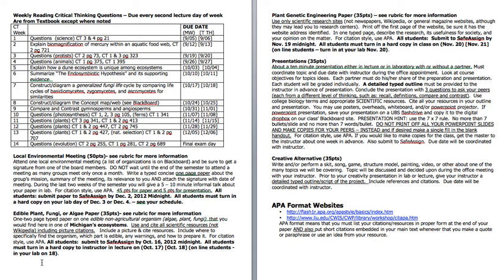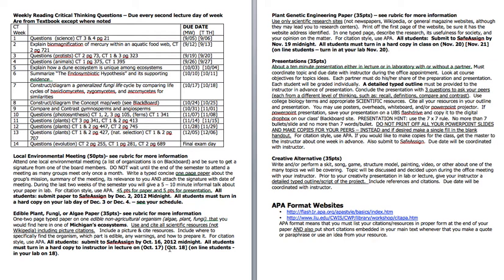Make sure you cite your sources and make sure they're scientific sources, not wikis. You can include pictures, but if you do include pictures, make sure you give proper citation to those pictures. Those need to be submitted to SafeAssign by October 16th at midnight, and you need to turn in a hard copy to me on October 18th.